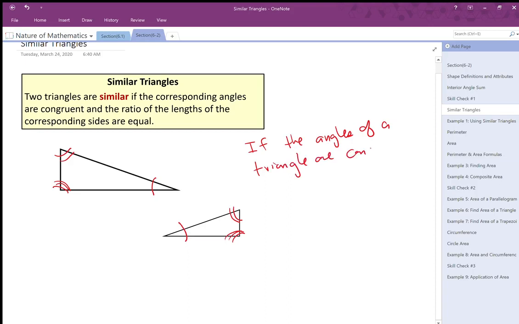So if the angles of a triangle are congruent, then the sides will be proportional.